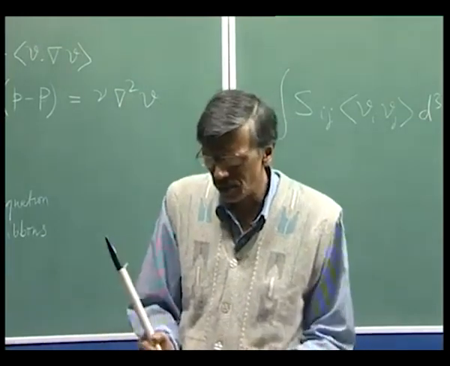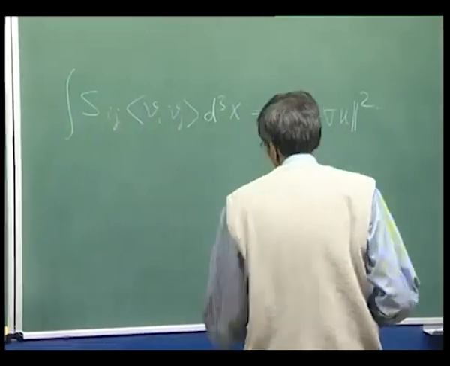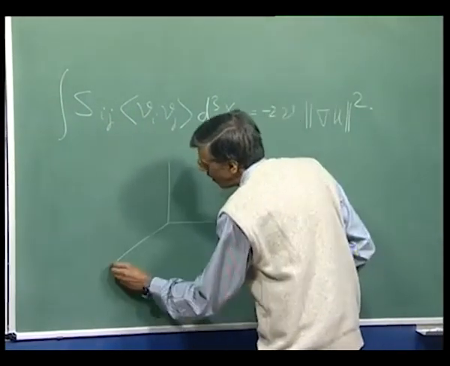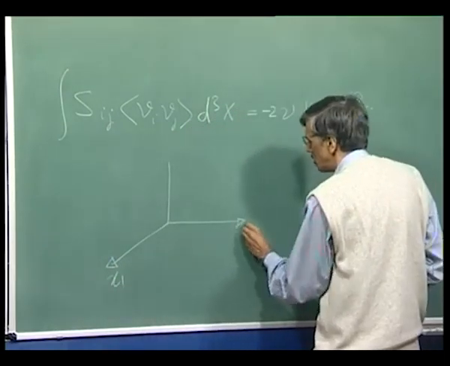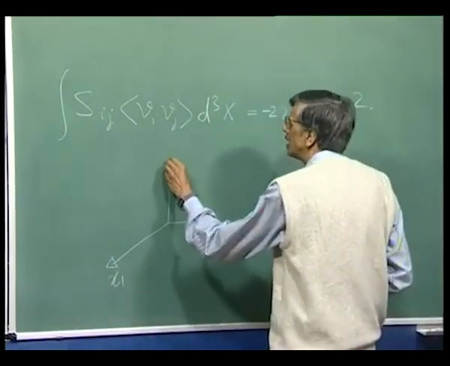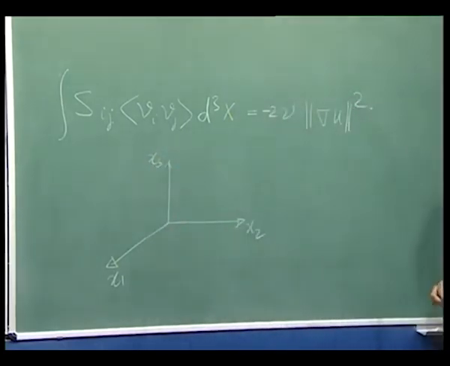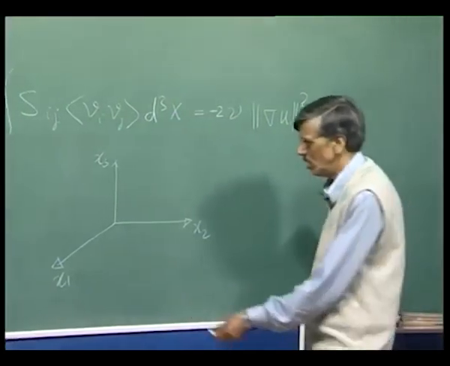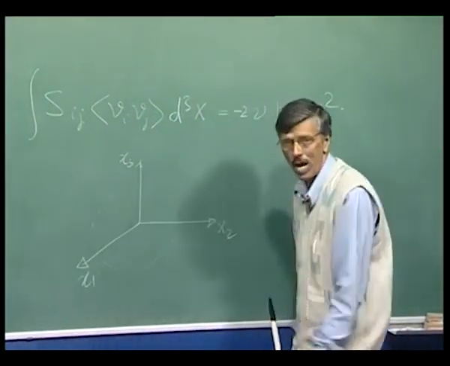So, what I could do is I could do it in a slightly different way. For example, if I have these 3 directions, I could write it in, let us say, a Cartesian frame. I could also write it in a spherical polar system. So, if I do it in a spherical polar system, then what happens?